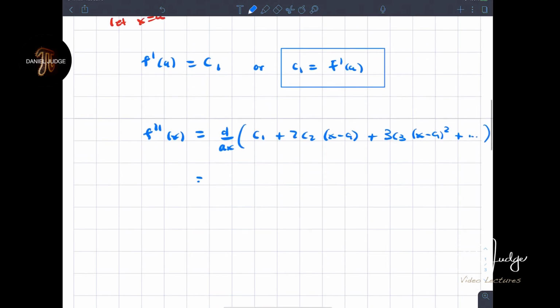And this will give us, by properties of derivatives, 2c2 plus 6c3 x minus a. Now, you don't have the next term. But it's going to be 12c4 x minus a squared, and then that goes on forever as well.